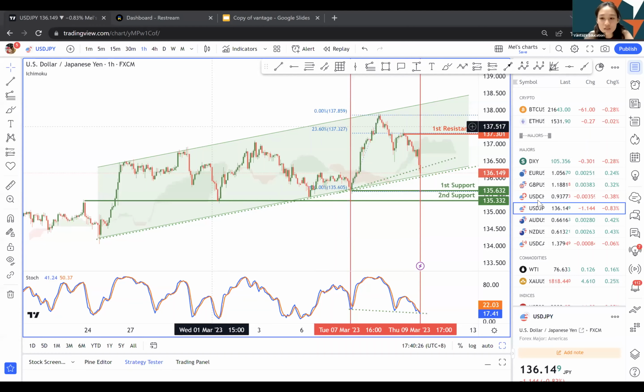If not, let's take a look at another currency pair. Let me share my screen. Now we're going to be looking at Euro USD.